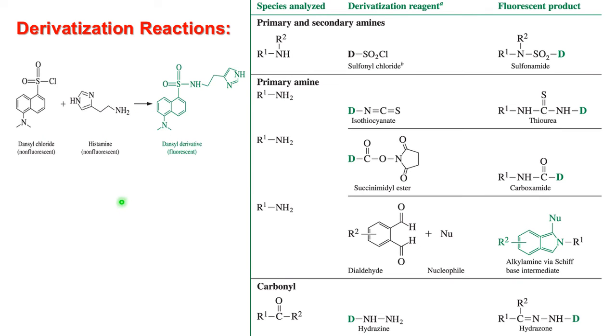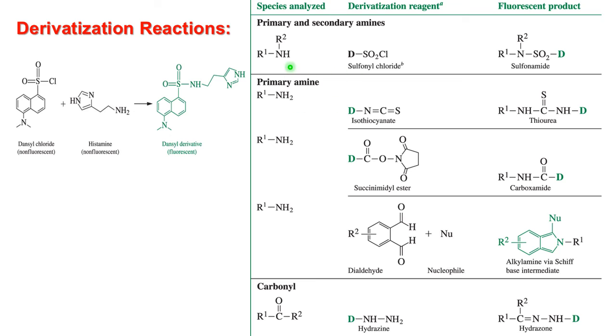How can this be done? We have plenty of derivatization reactions that run with very high yields. For example, if you have an amino group like that, you can run a reaction with non-fluorescent dansyl chloride, and your resulting compound will be highly fluorescent.